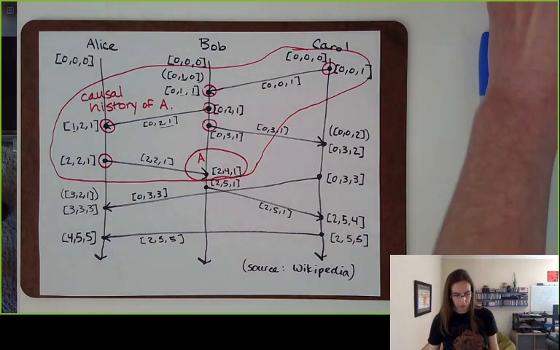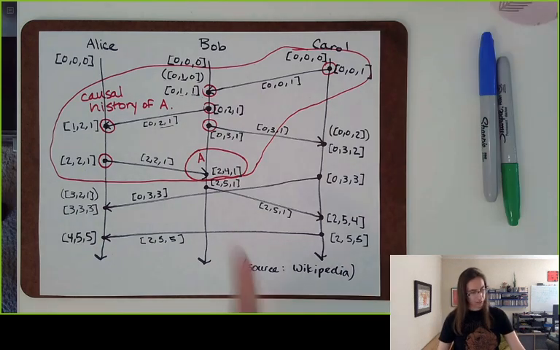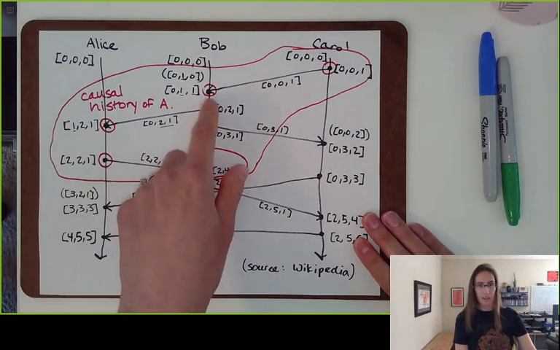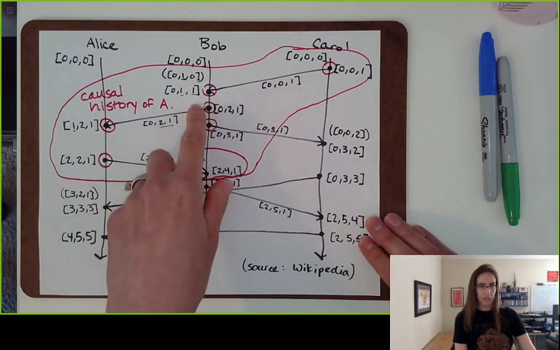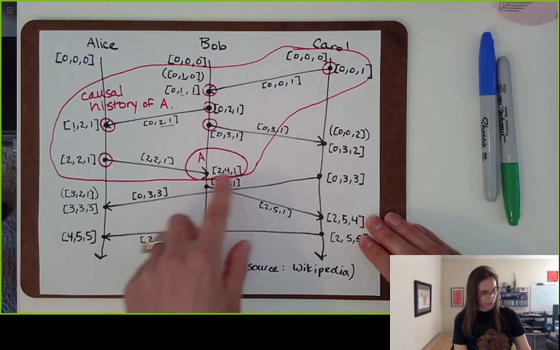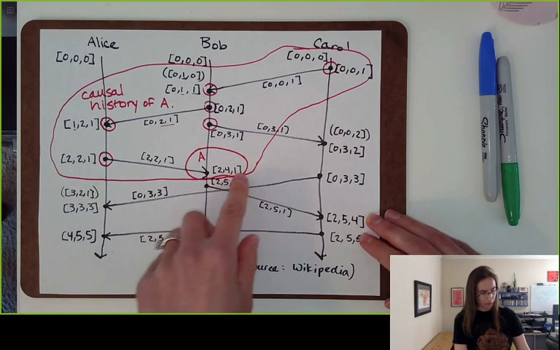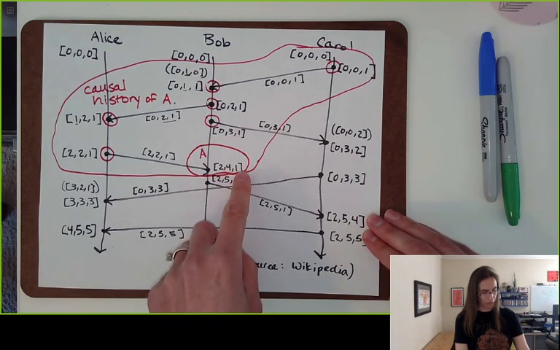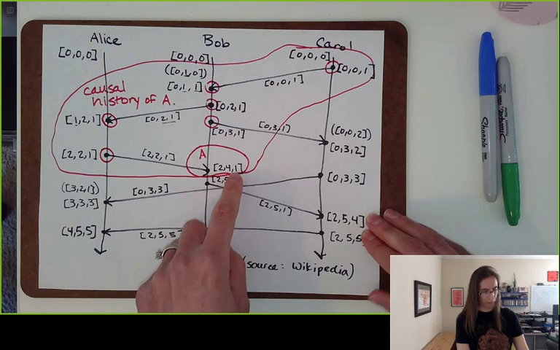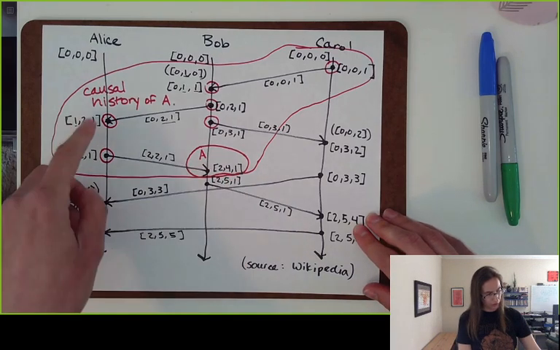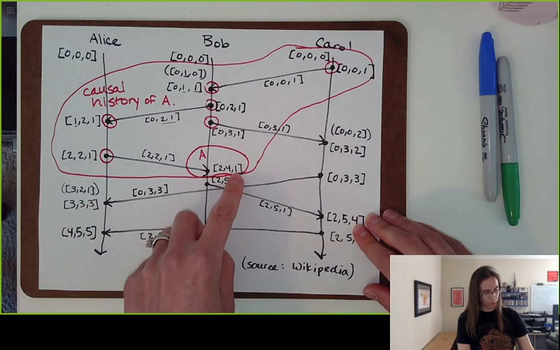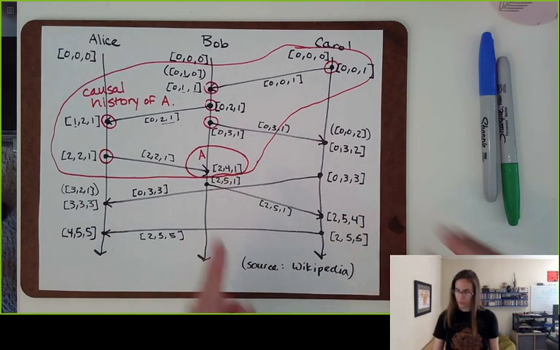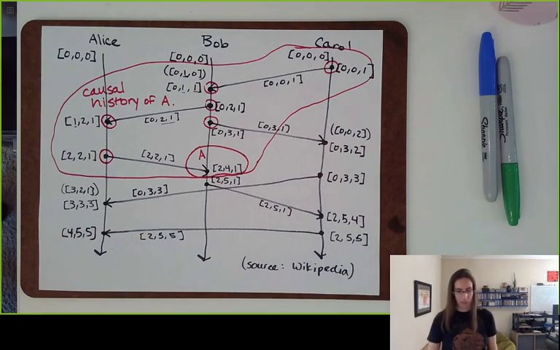Very good, yeah. They're all smaller vector clocks than A. If we look at the elements of each of these vectors, they're all going to be less than or equal to the value of A. So 031, for example, is less than or equal to 241 in every position. Similarly over here, 221 is less than or equal to 241 in every position. 001, less than or equal to 241 in every position. So they all have smaller vector clocks.